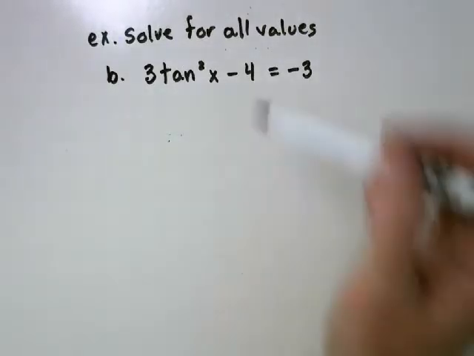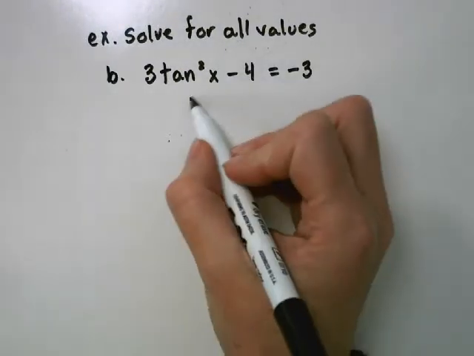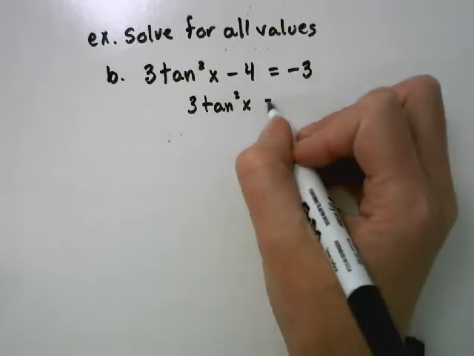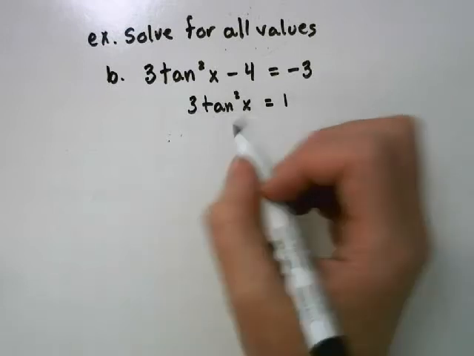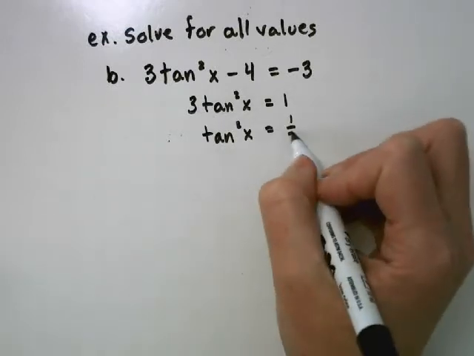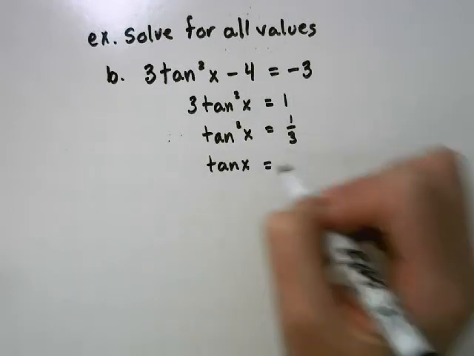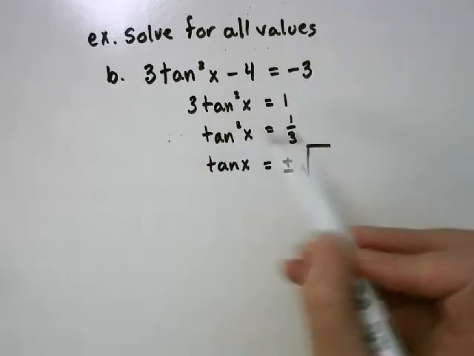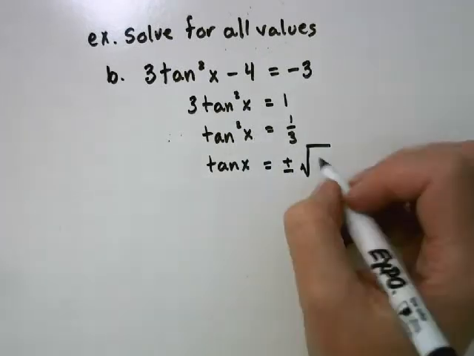Okay, so we have 3 tangent squared x minus 4 equals negative 3. So we'll start by adding that 4 over. So negative 3 plus 4 is going to be 1. I'm going to divide by 3, so tangent squared x is 1/3. Then I'm going to take the square root. But when we do that, we have to acknowledge that if tangent squared equals 1/3, that value could be positive, but it could also be negative.